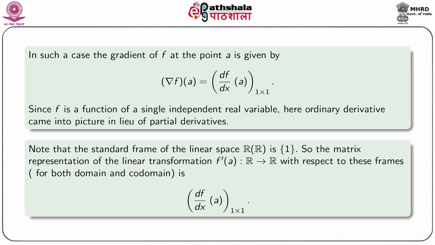Let us consider the linear space of real numbers over the field R itself. So, it is a one dimensional vector space and the standard frame in this case is the singleton set consisting of 1.